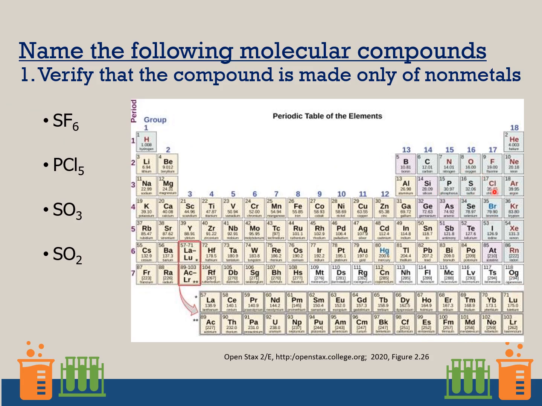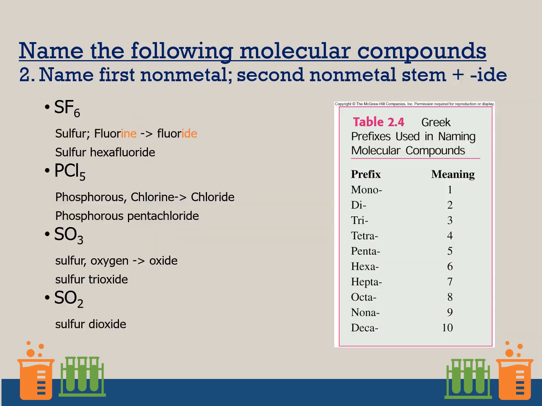PCl5, P and Cl are nonmetals, and S and O are nonmetals. So I just want to emphasize step 1 is pull out that periodic table and verify the type of compound. So with molecular compounds, we state the number of atoms in the name. That won't be true with any other class of compounds. Now that we've verified that this is a molecular compound, we'll name it.